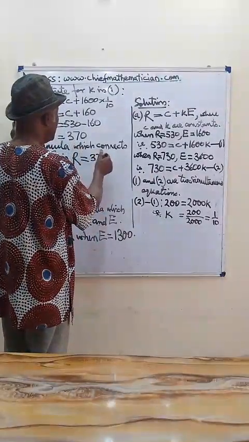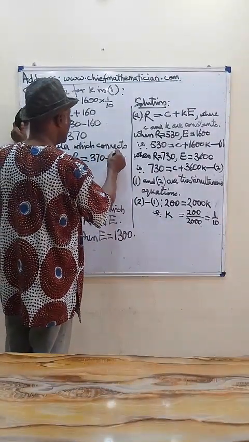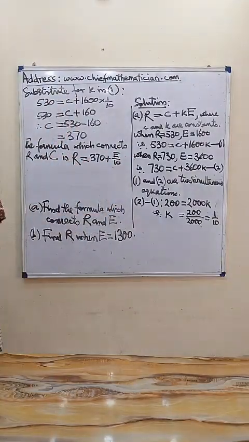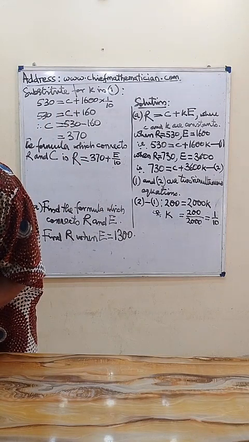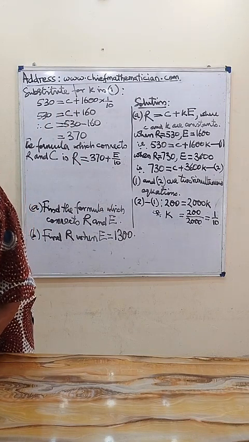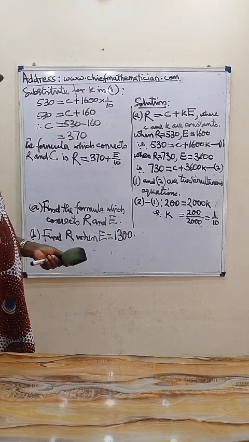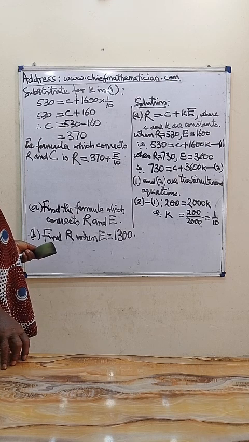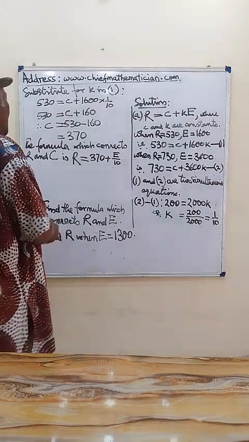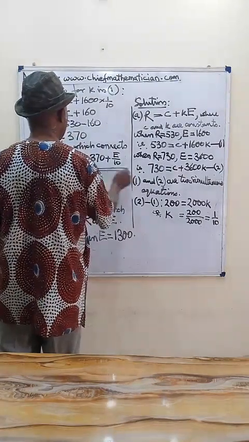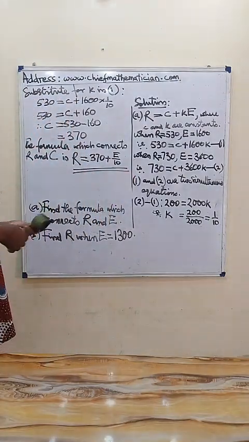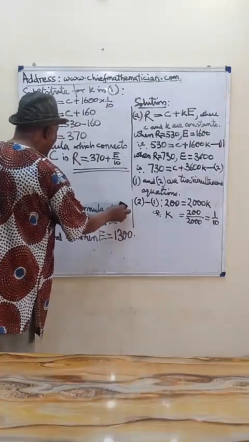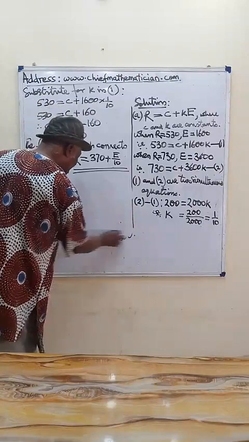Our K is 1/10. So it will now be 370 plus E over 10. That is the formula that connects R and E. And we have to find R when E is 1300.